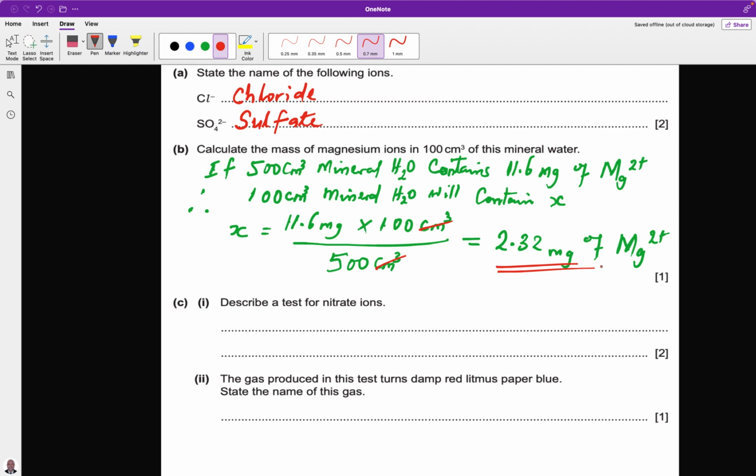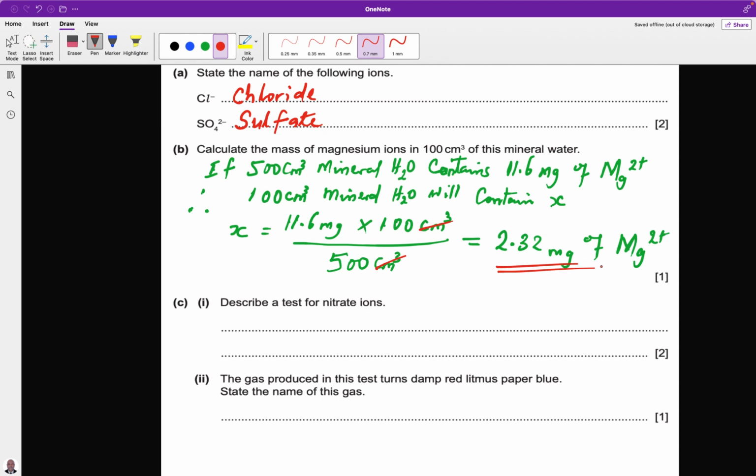Okay, describe the test for nitrate ion. You know the test for anions and the test for cations. We have treated the test for anions and the test for cations. In the case of nitrate, you have to react with aqueous sodium hydroxide.